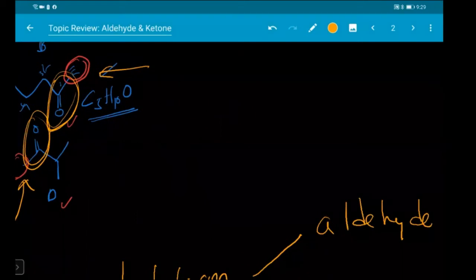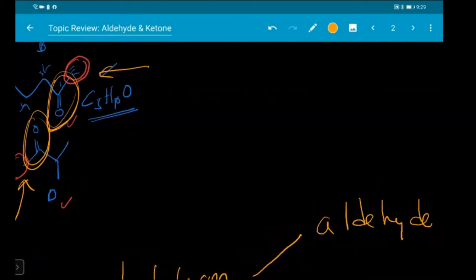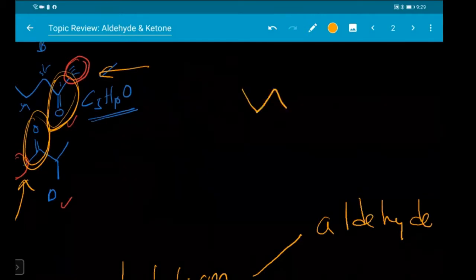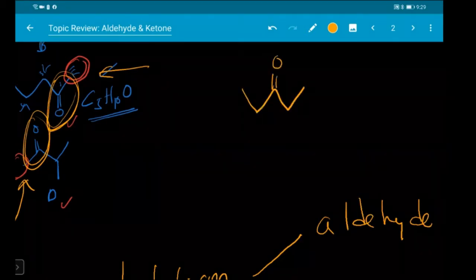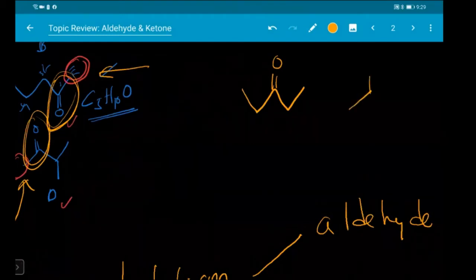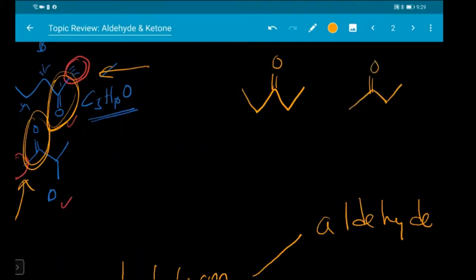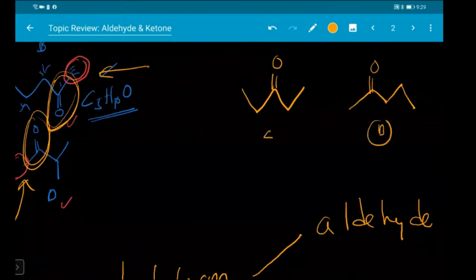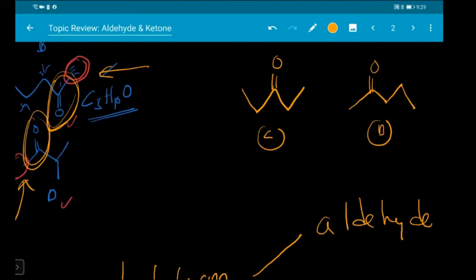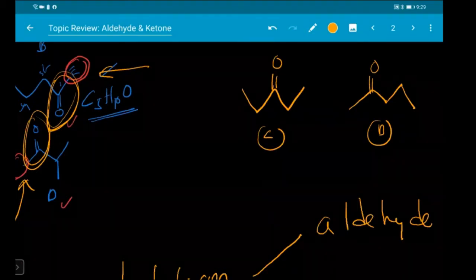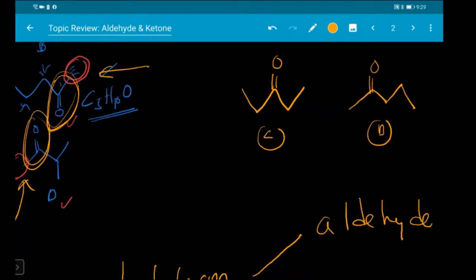Okay, ini structure C. Ini structure B. Okay, this is C, this is B. Okay, let's take a look at both structures. For both structures, they have the same formula, C5H10O. Okay.